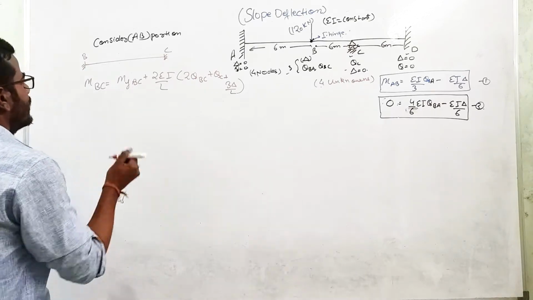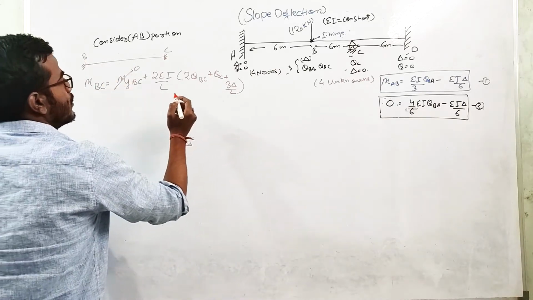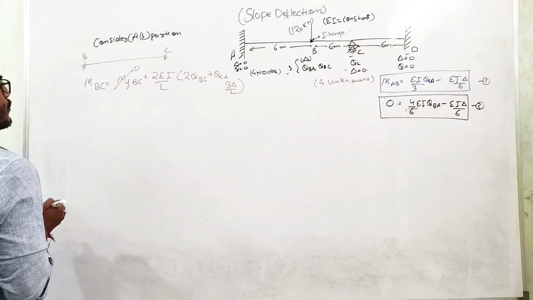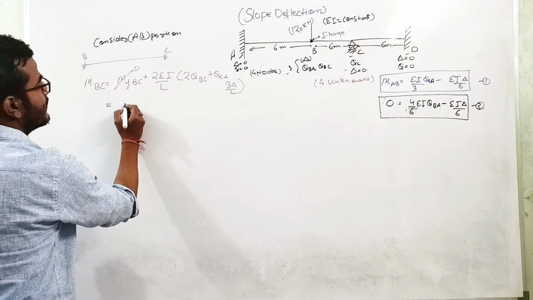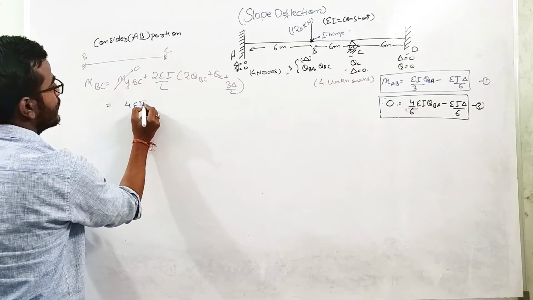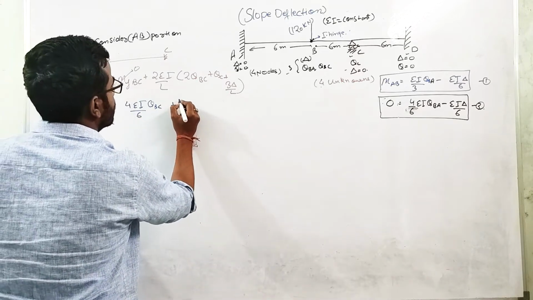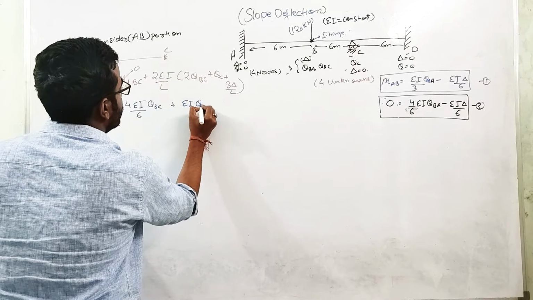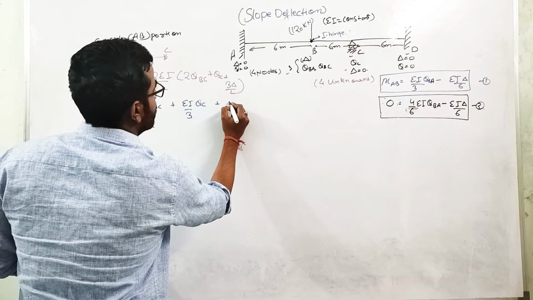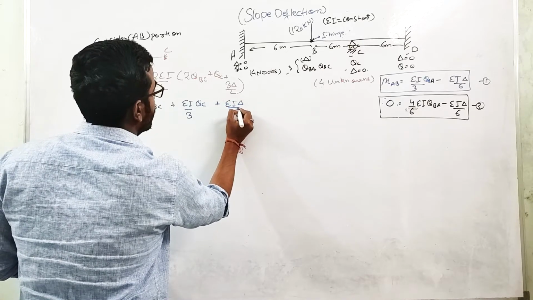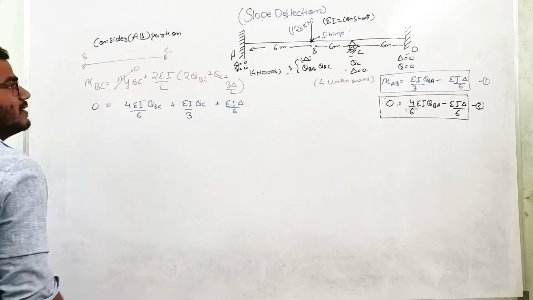Now, if we put the values, this MFBC will be 0 because there is no load in this span. Okay, theta BC, now this is okay. So MBC will also be 0. Okay, so I can write 4 EI theta BC over 6 plus EI theta C over 3, and plus EI delta over 6, and this is equal to 0. Why 0? Because MBC is actually 0.